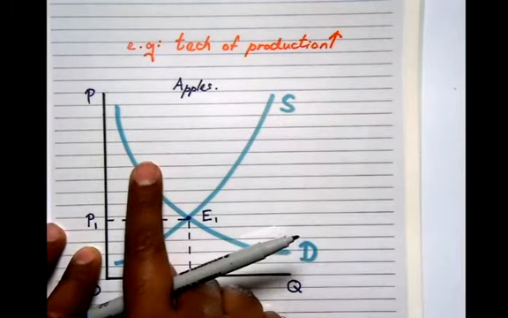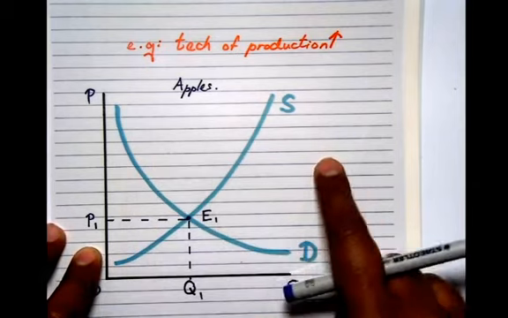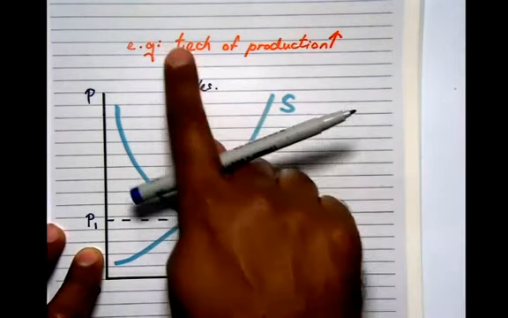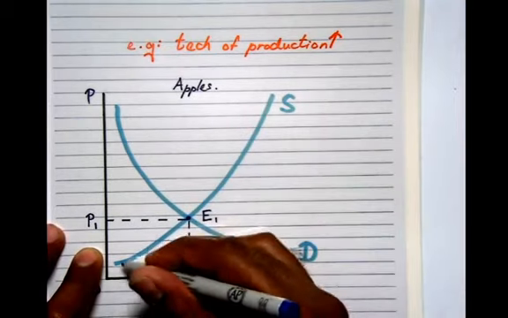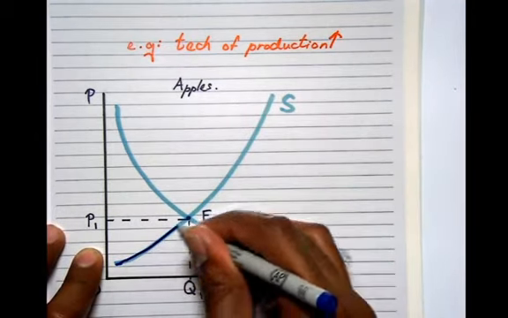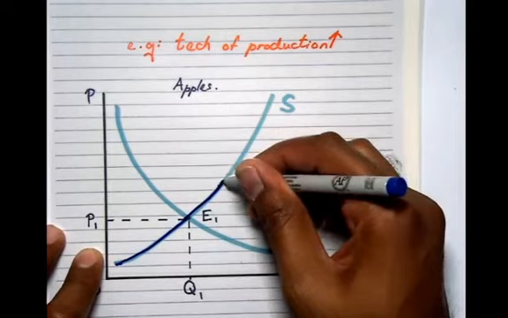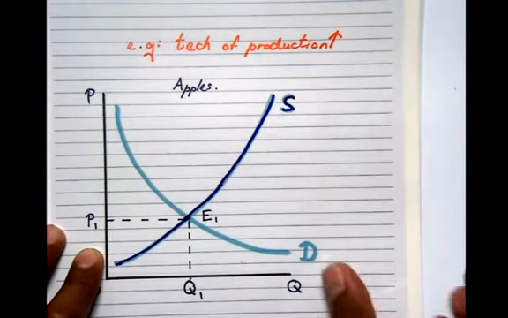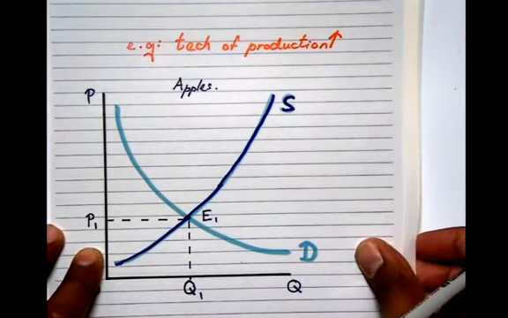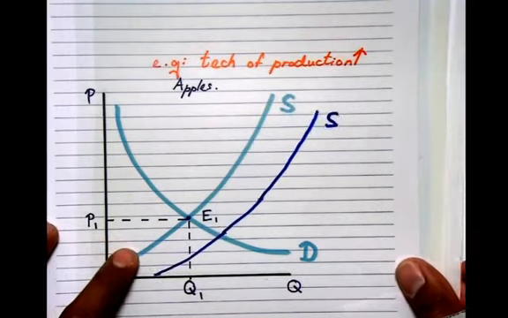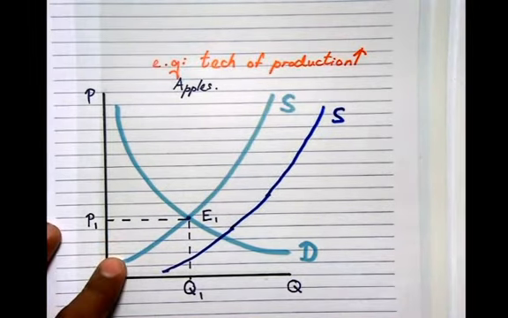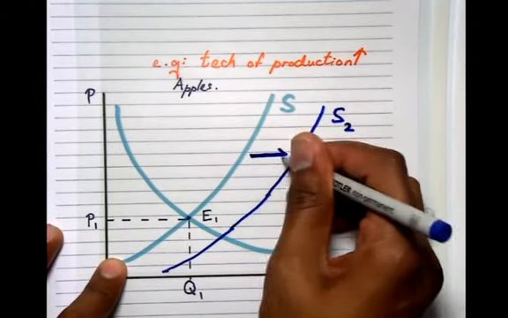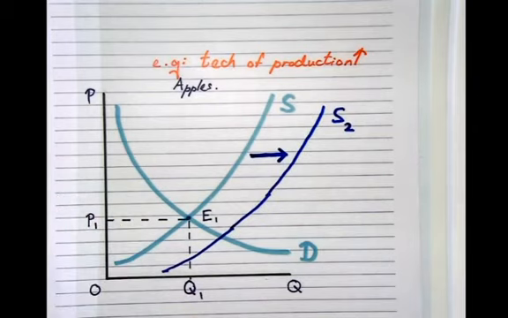Shift closer to 0 or shift further away from 0? There's an improvement in the technology of production, so firms will be able to produce more than before. Would you agree with that? So supply will shift to the right. So the initial impact is on supply. Supply will shift to the right.